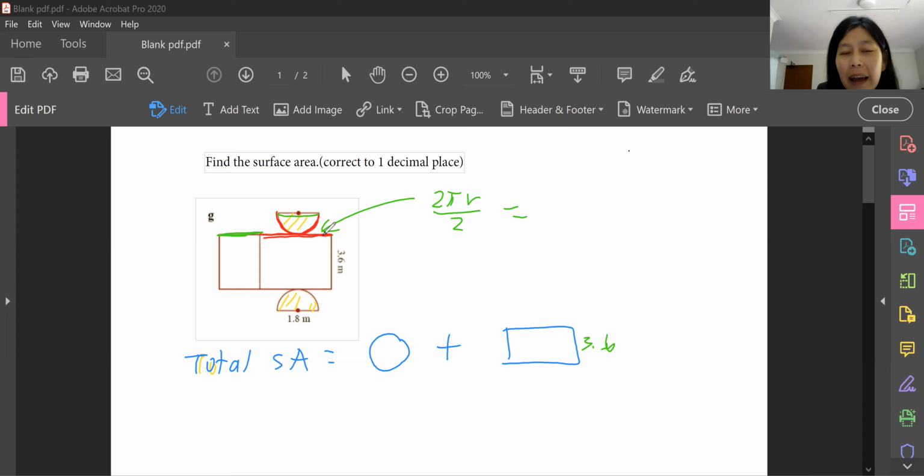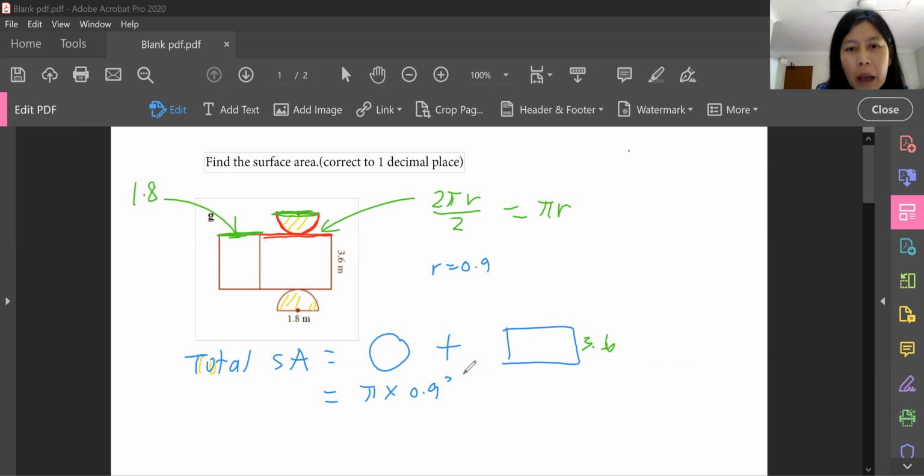So the length of our semicircle is actually pi times radius. The green part here is the diameter, which is 1.8. Now, make sense? So pi times radius 0.9. I need to remind you, radius 0.9.